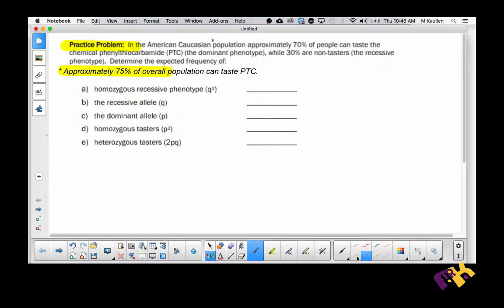First things first, they want us to determine the frequency of the homozygous recessive phenotype, or Q squared. Remember, our Hardy-Weinberg equation is that 1 is equal to P squared plus 2PQ plus Q squared. If we want to know the frequency of the homozygous recessive phenotype, we're told that 30% are non-tasters for the bitter taste.